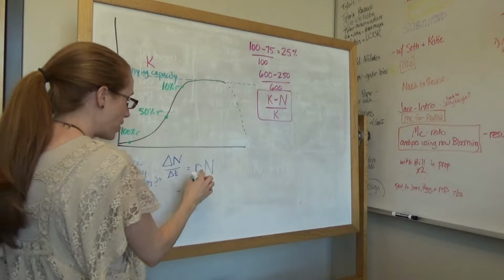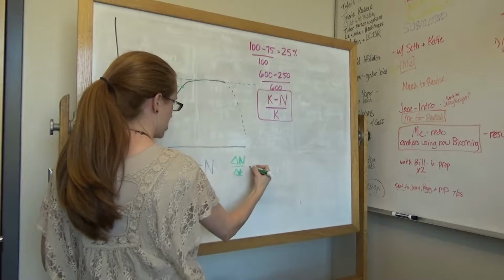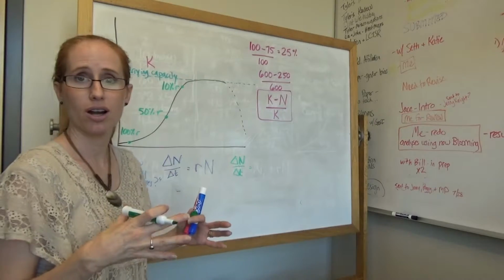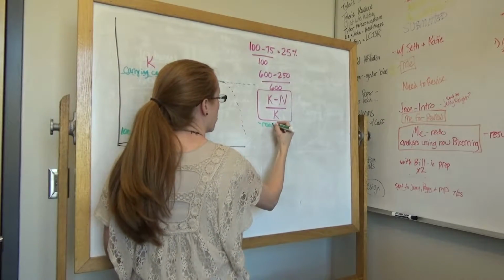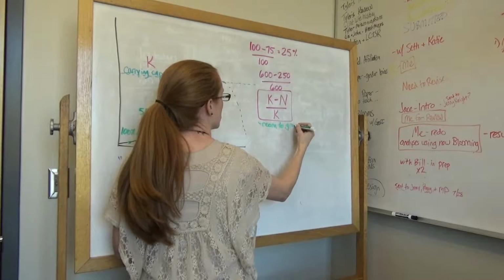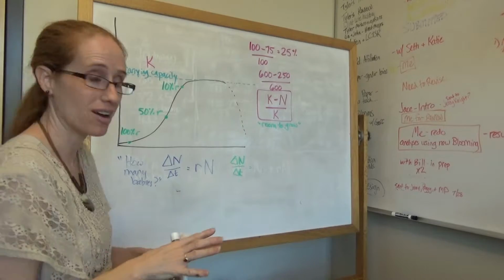So in order to find out the number of babies, if we always took our R and first multiplied it by our room to grow, so that we get like 10% or 50% or 100%, right?